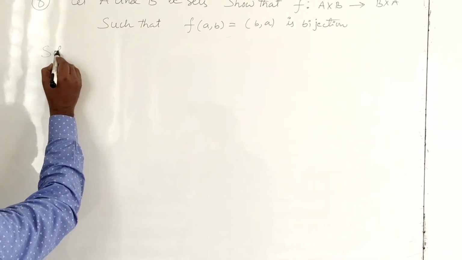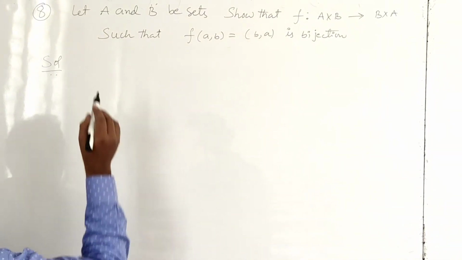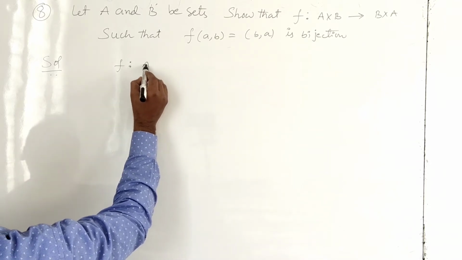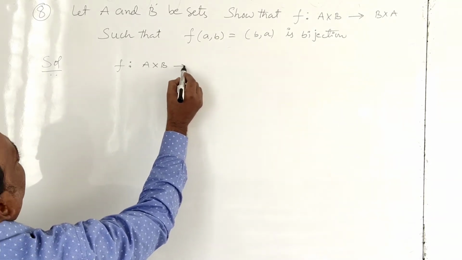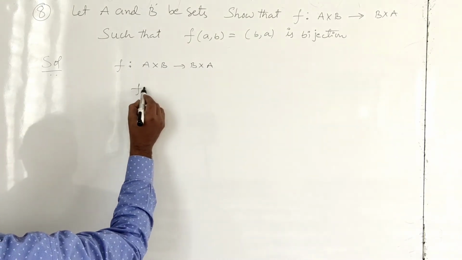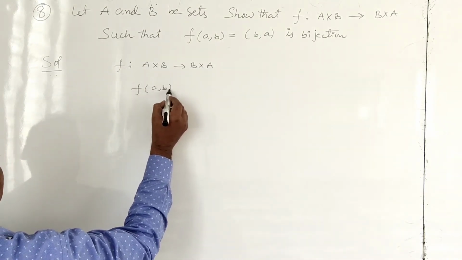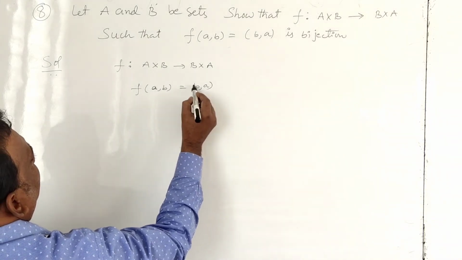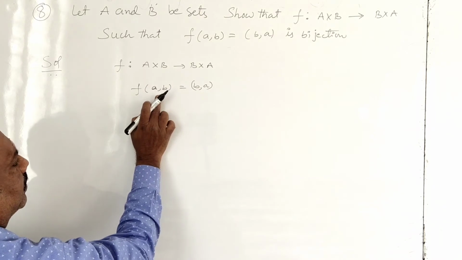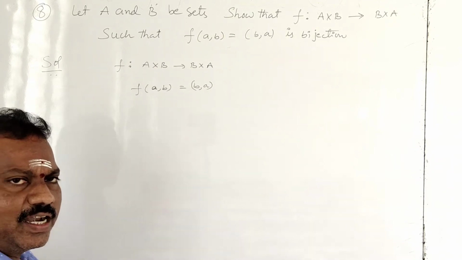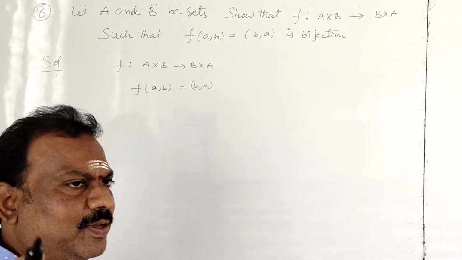See students, what is given here? A and B are 2 sets. f is a function mapping from A cross B to B cross A, and also given f of ordered pair (a, b) is equal to (b, a). That means this is the input. You are giving input ordered pair (a, b), you will get the output (b, a). So what is the difference between A cross B and B cross A?